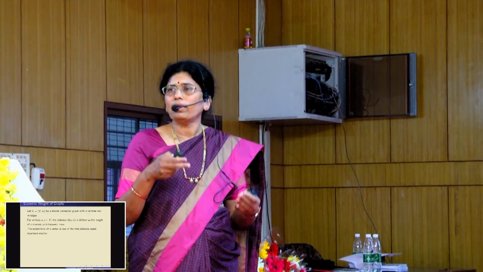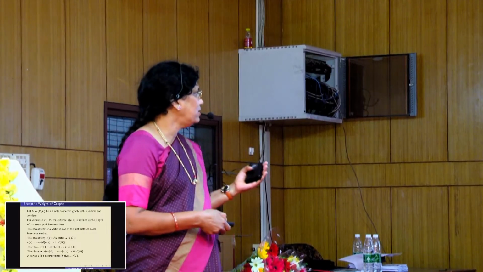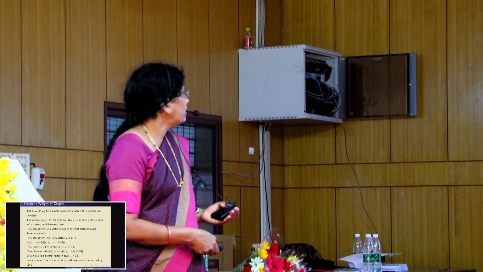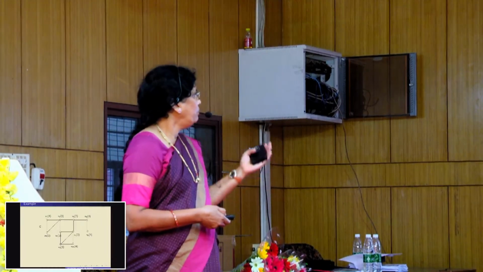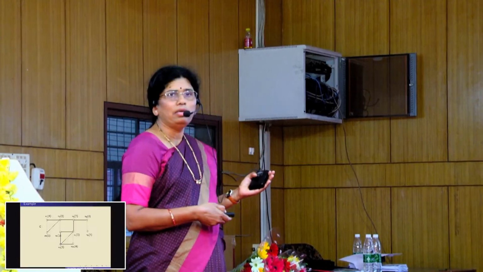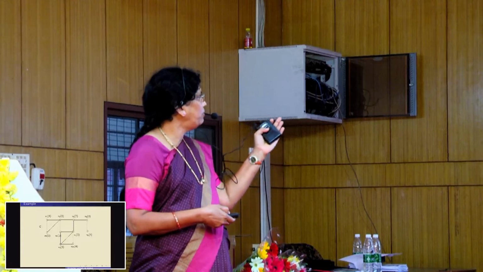The set of all central vertices of the graph gives us the center of the graph, denoted by Z(G). In this graph, we have 10 vertices. If I consider the vertex V1, the distance between V1 and V2 is 1, V1 and V3 is 2, and V1 and V4 is 3.